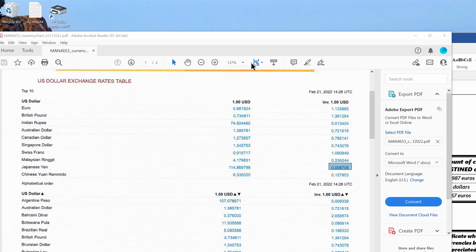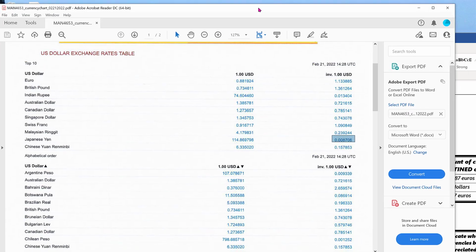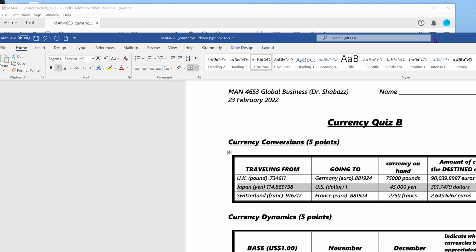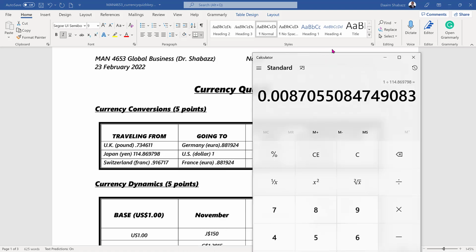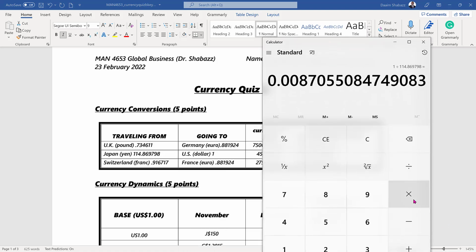All right. So saying that, we look at the outcome, and then we multiply it by 45,000.